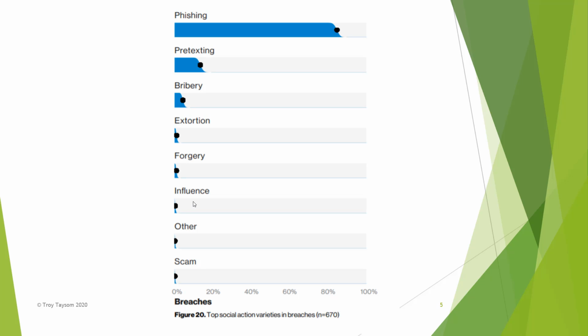Right? So your boss is using influence on you. He hasn't bribed you or threatened you, but because he's your boss, it makes it difficult to say no. And then you have other, and I'm not sure how they define scam. It seems like all of these are a scam, but anyway.